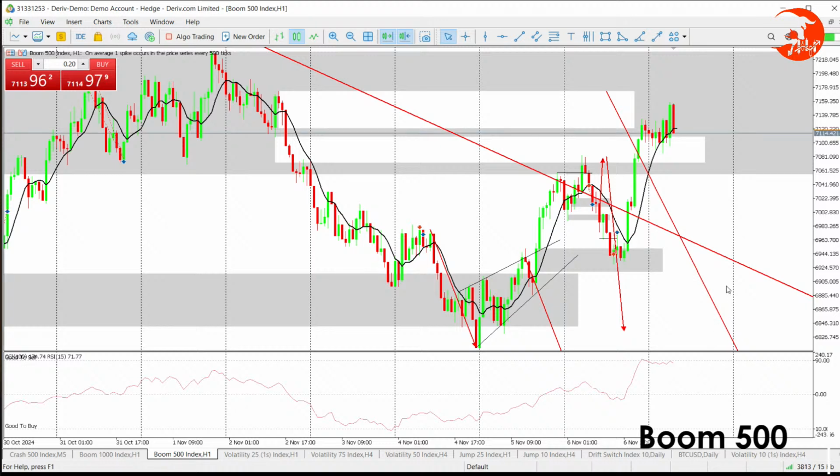Oh yes. I don't know why I entered a sale here. What was I looking for? Price to first reach this order block. Okay. Was this yesterday? Yes, I first took it there, got my money.